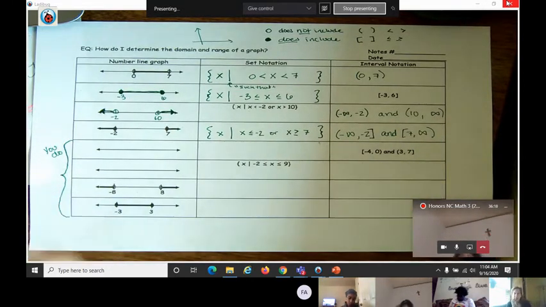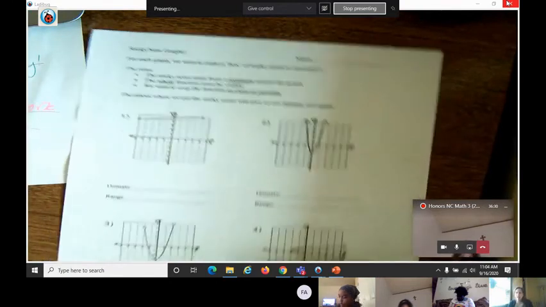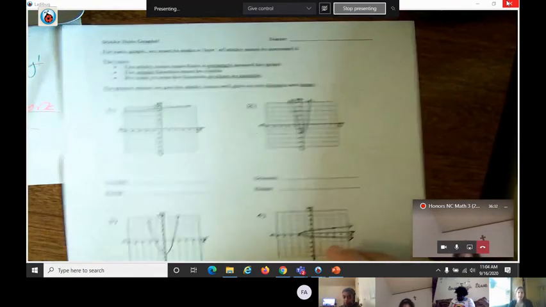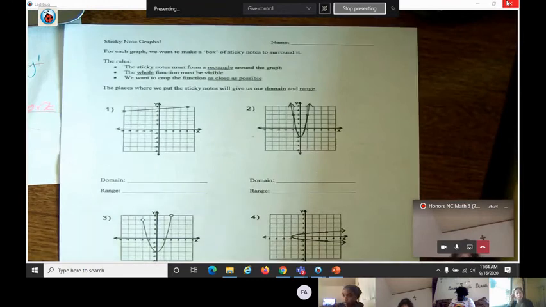Any other questions? Okay, if there are no other questions, we're going to go ahead and flip. So normally in class, I would have given you guys a bunch of sticky notes, and you guys would have done this, but I am going to try to do it with you. You can just write this down on notebook paper, and you don't need sticky notes.